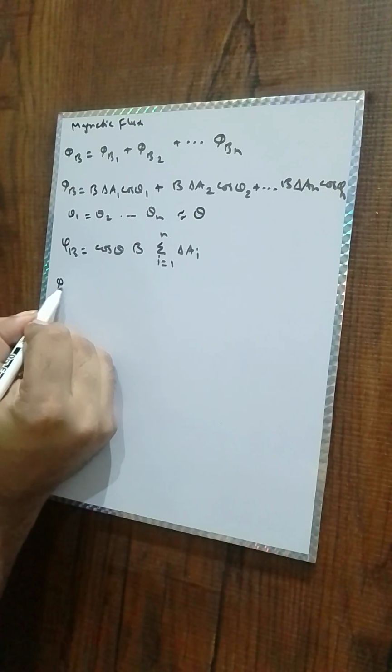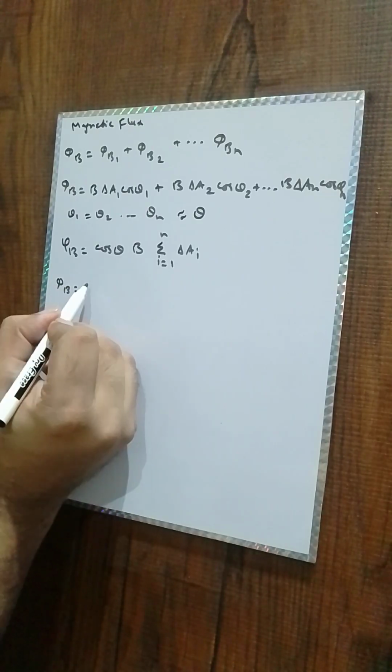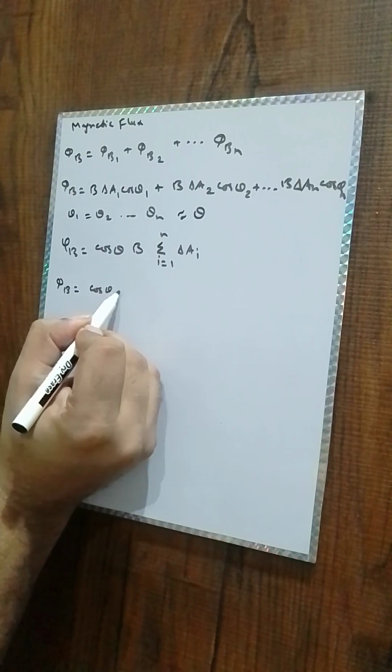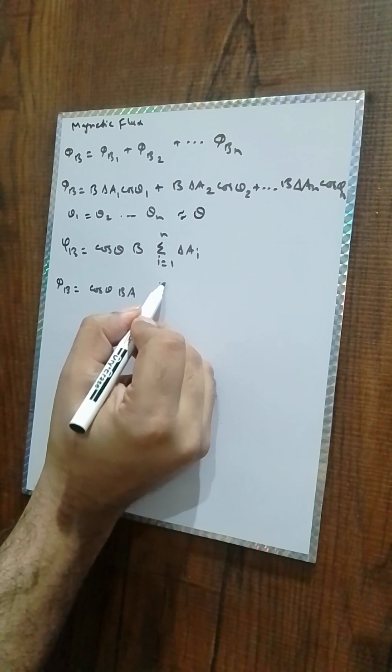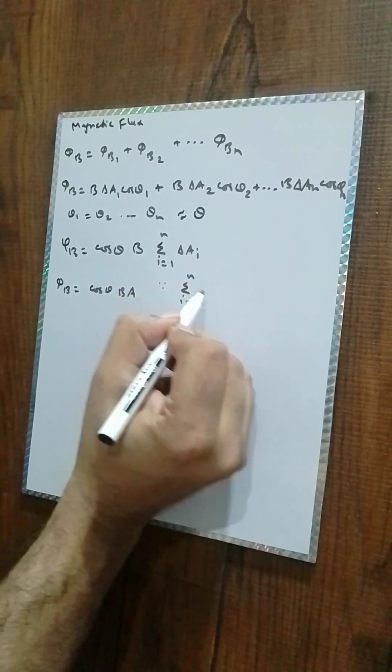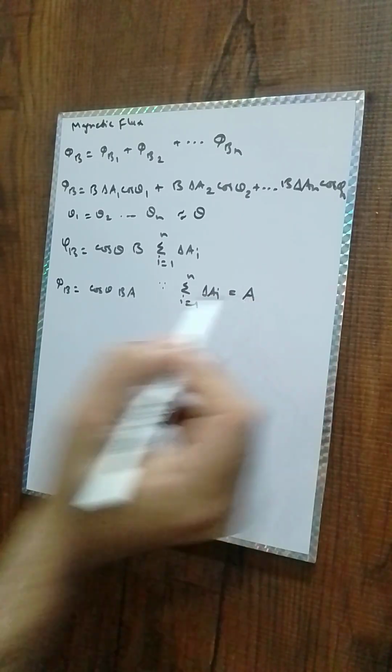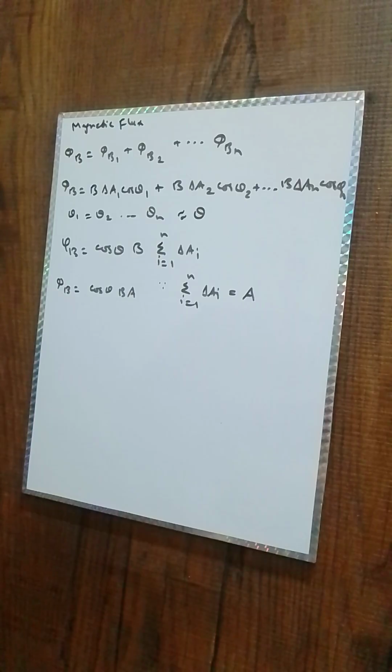And phi B, simply put, is cos theta B A, as the summation of delta A i from i equal to 1 up to n is equal to A, roughly the total area. So these are the basic forms, and we will develop further, but for now it is over.